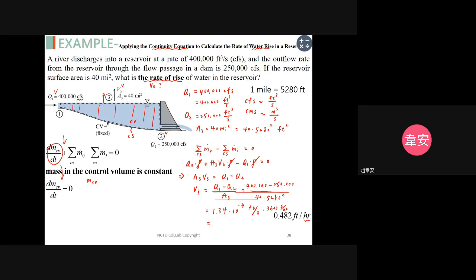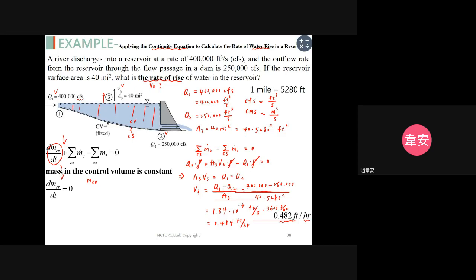Okay, so the final answer here is 0.484 ft per hour. So there is a little difference compared to the answer written down here, but this is the basic idea.